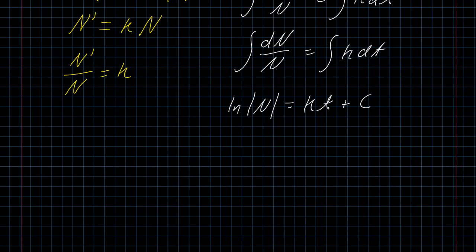All right, but then from here, the same tricks. If I want the absolute value of n by itself, that means I'm going to have to raise e to the kt plus c power. I'm going to split that off.